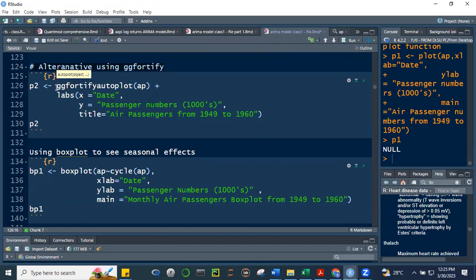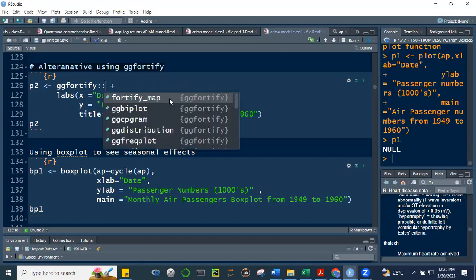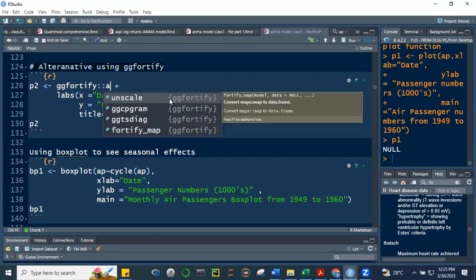Lagyan natin dito GG45. Namespace auto. Ayaw lumabas. GG45. Okay. Dapat lalabas siya.